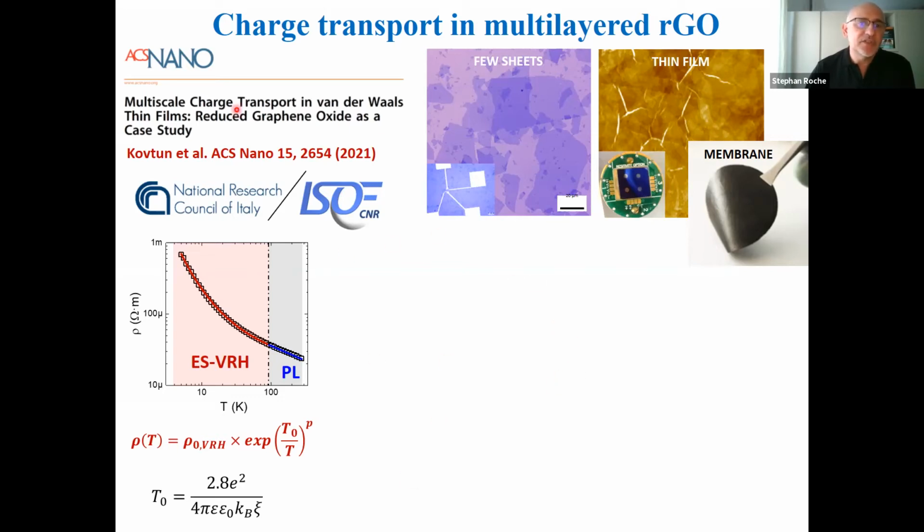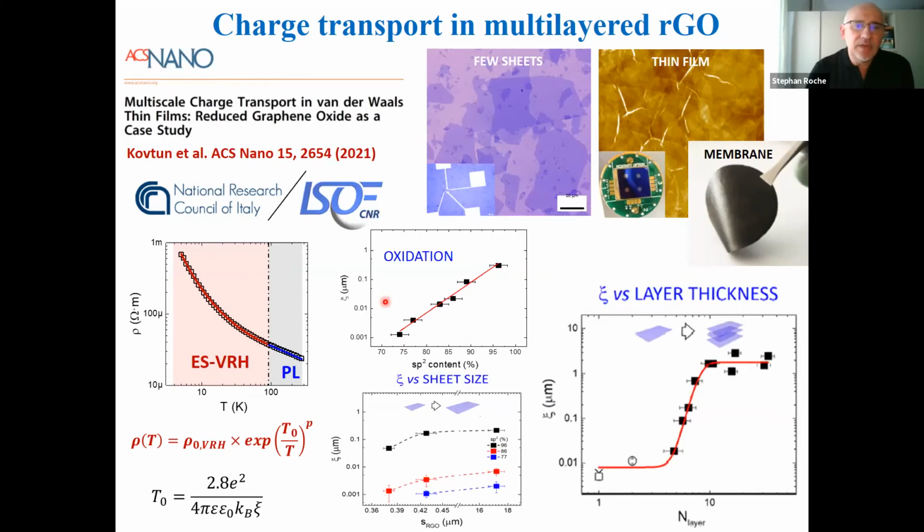So this is a very interesting experimental study that has been made. What I would like to point out is this final conclusion that by looking at the temperature dependence of the resistivity, they can extract an effective localization length of the system, and they can look at how this localization length changes with the degree of oxidation, the typical sheet size, or the thickness of the films.